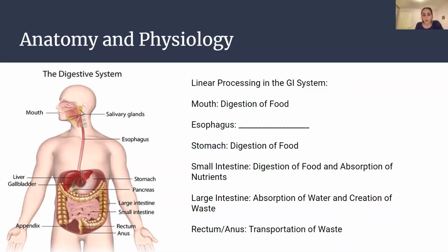So just a quick overview of the pathway of food through the GI system, and also keeping in mind the digestive functions. So here I have the alimentary canal organs.